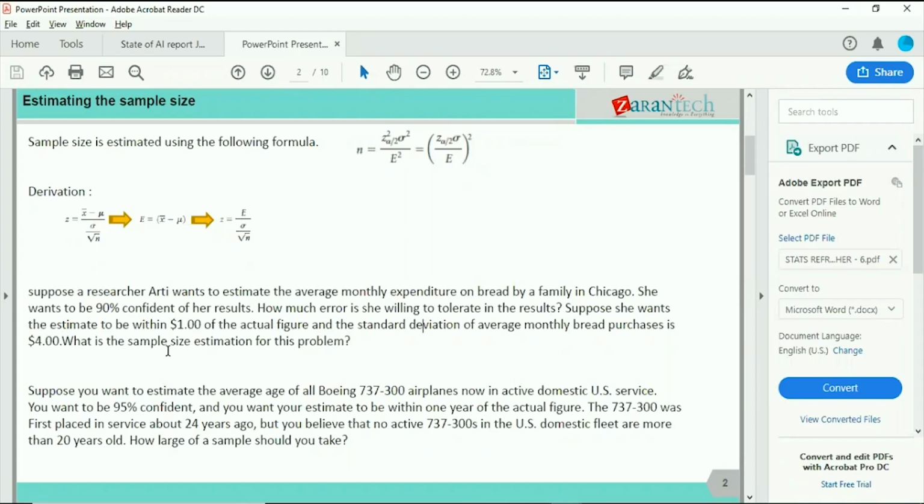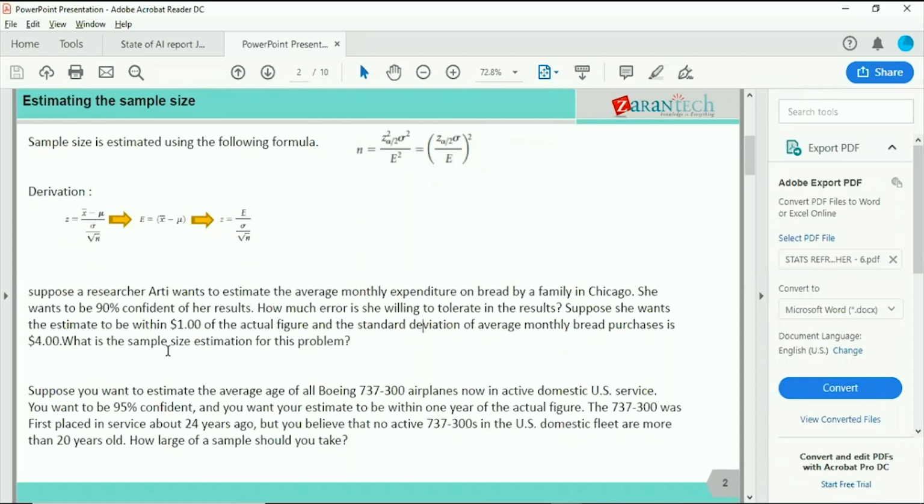Aarti, meanwhile, why don't you read question number 2 and tell me what is E, what is sigma, what is alpha? I mean, type it, don't tell. Yeah, I got it, 40.96. It's somewhere 43 point something.